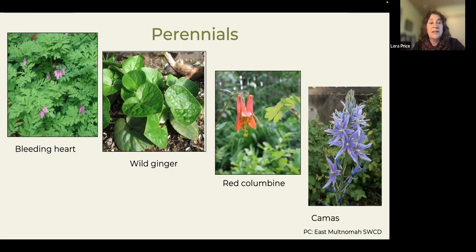And here we're seeing our native bleeding heart, the western red columbine, and camas, which is a bulb. Most of these that you're looking at prefer a part shade situation, I would say, as examples, but we could go on with sun-loving ones and shadier ones.